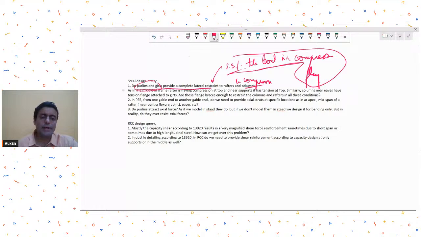Also, just providing parallel purlins and girts may not be enough. We will have to add bracings also. We will have to add relative bracings also. Just providing parallel purlins and girts will not be enough. X bracings or relative point bracings are required. Then only we can say that sufficient or proper lateral restraint is being provided.